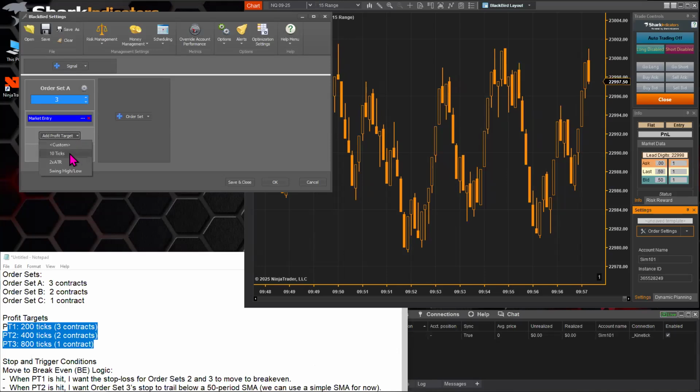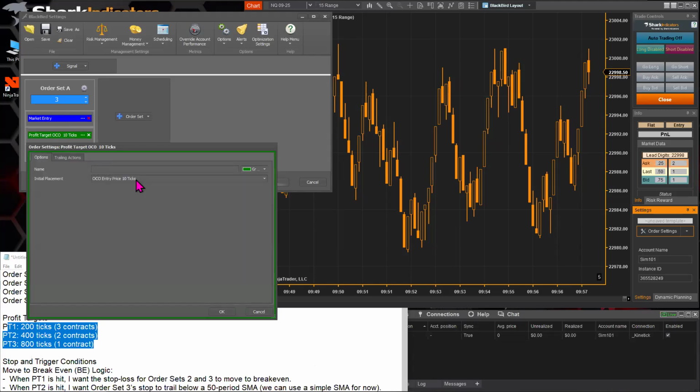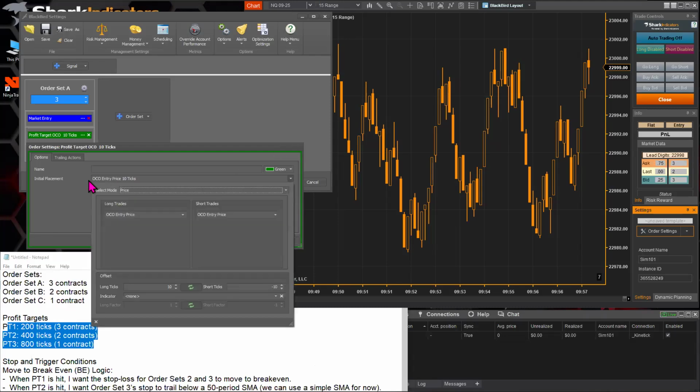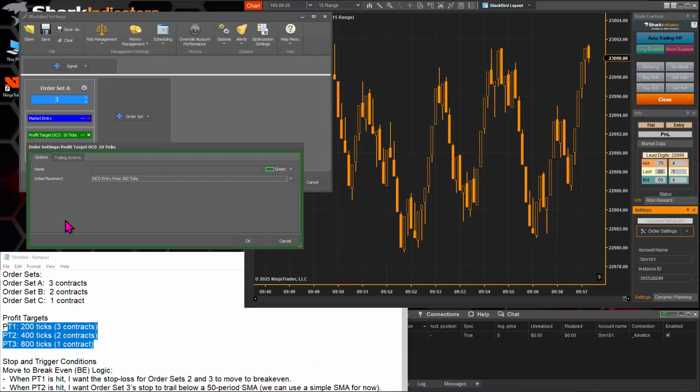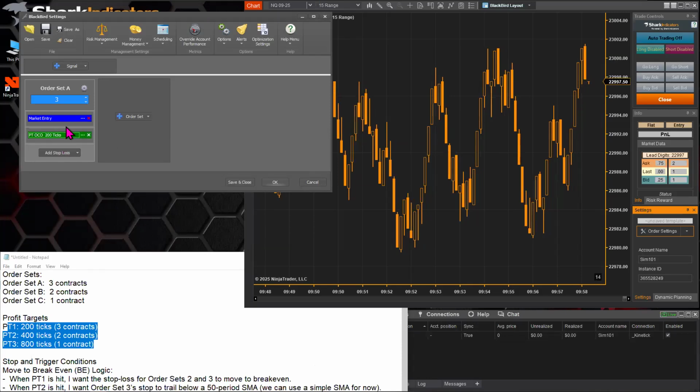We're going to use ticks, so I'll start with 10 ticks, then open up the profit target and the initial placement and put in the actual value wanted. So let's put in 200 ticks. Click OK. So there's 1 contract there.